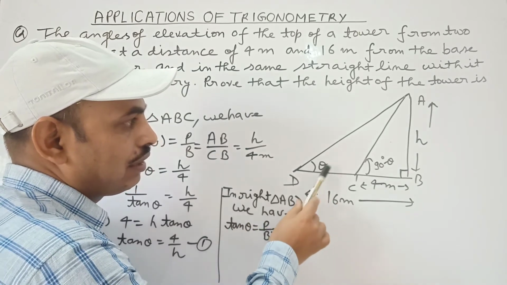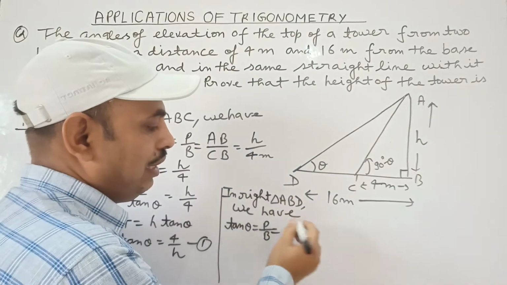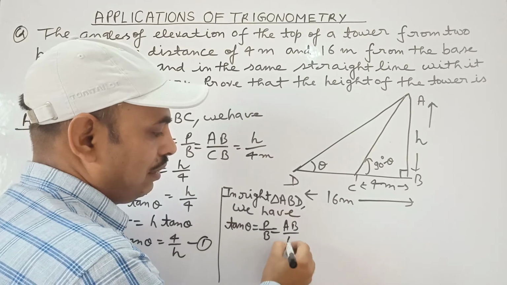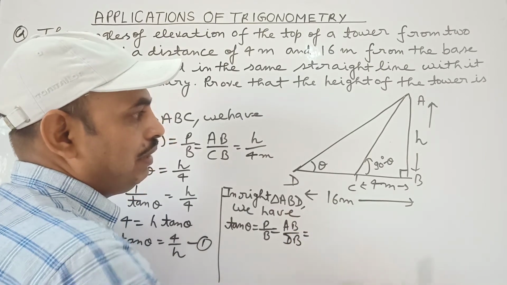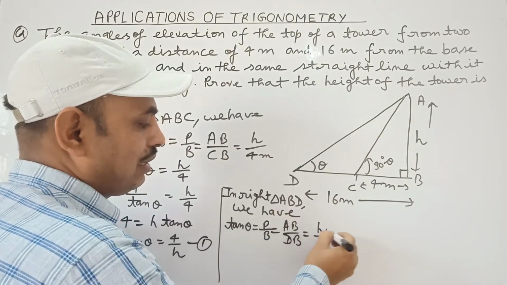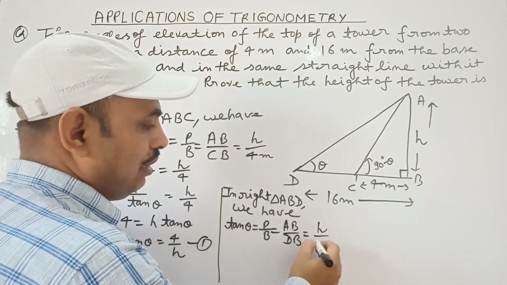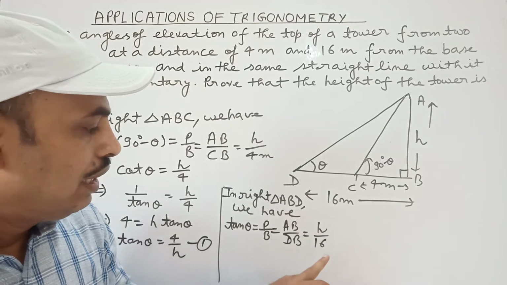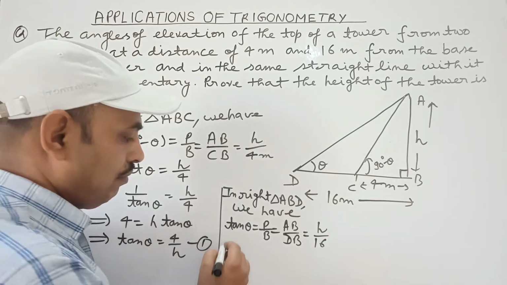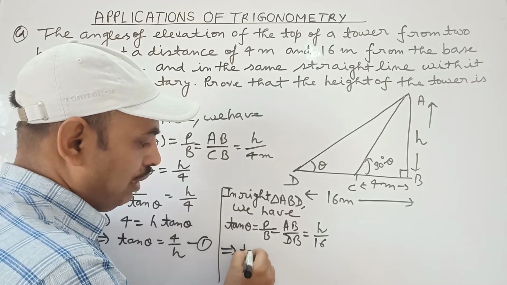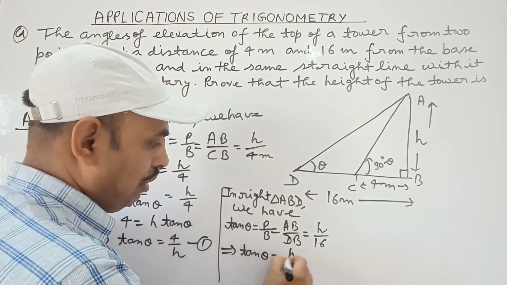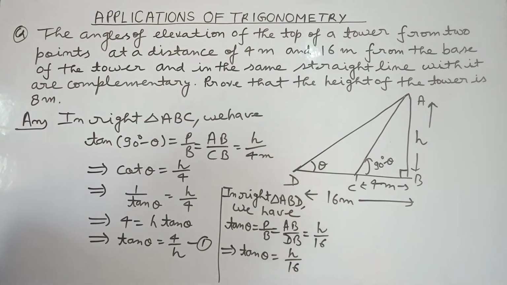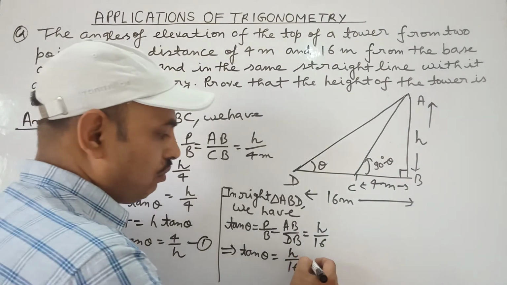For this, perpendicular is AB, base is DB. What is AB? AB is h. What is DB? DB is 16. So tan theta equal to h upon 16. This is equation number 2.